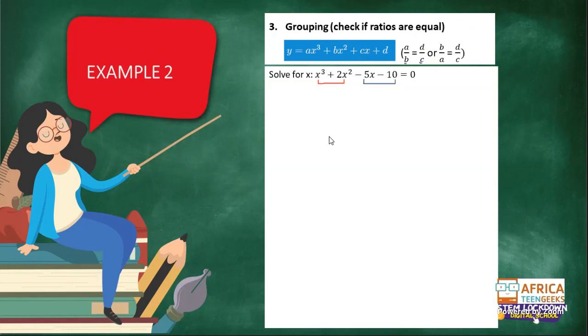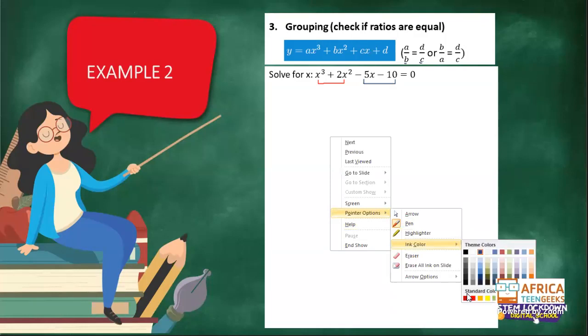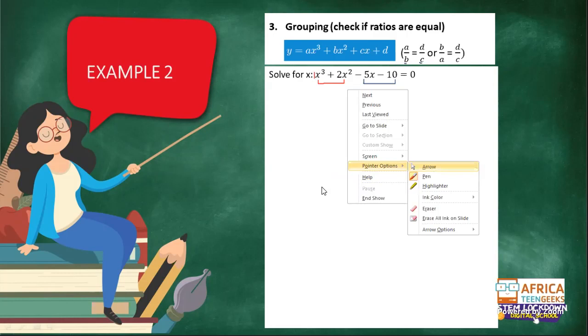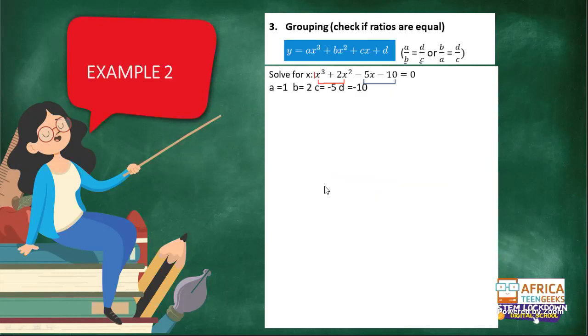Remember, the coefficient here is 1. Okay. So you look at the coefficients, check their ratios if they're equal. Remember, if maybe there's a way that you can see, then that's also good. Okay, so you check the ratios and you find that they are equal.